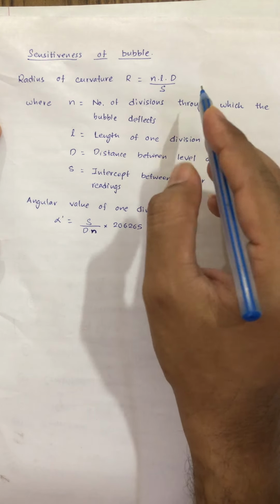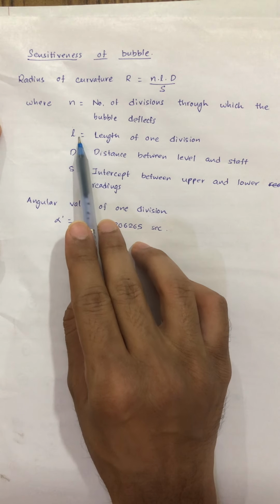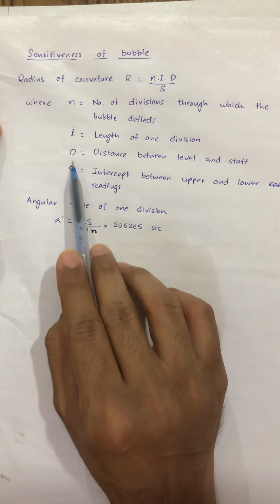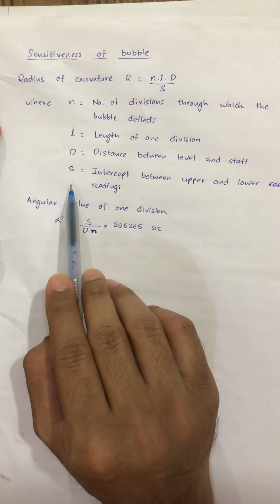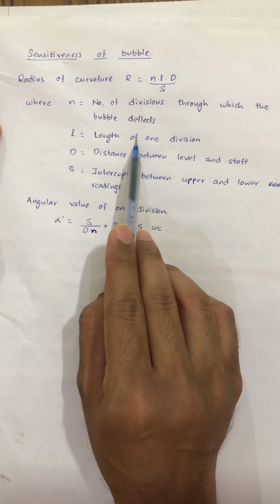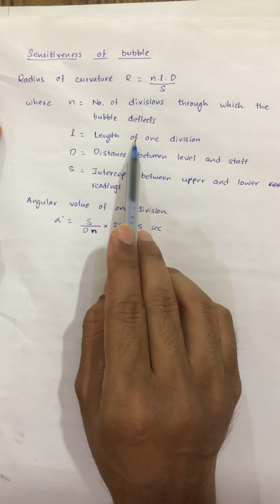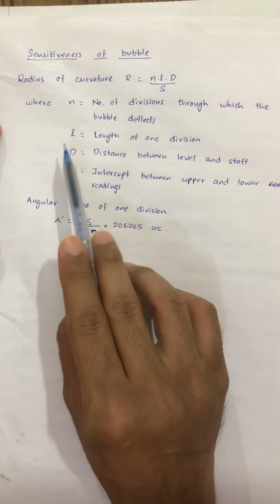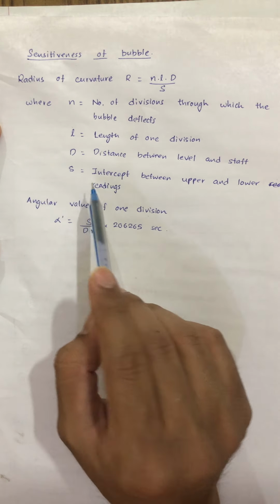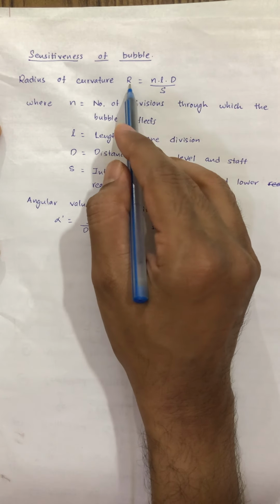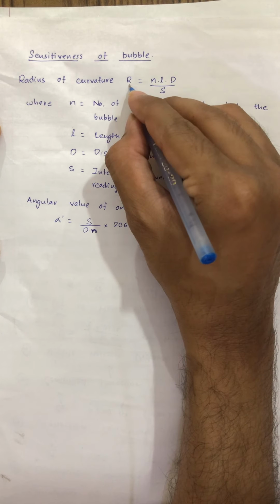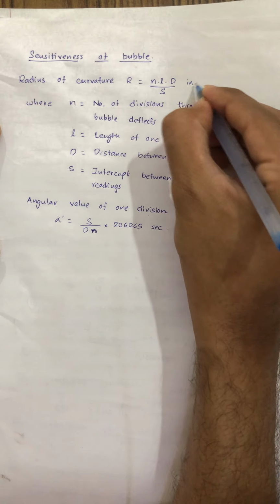Now all these values like L, D and S should have the same unit. If they are in mm, then all should be in mm. If they are in meter, then all L, D and S should be in meter. Then only you will get the value of radius in meter.